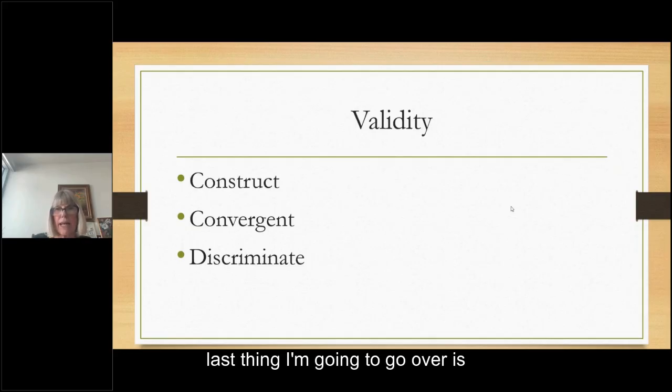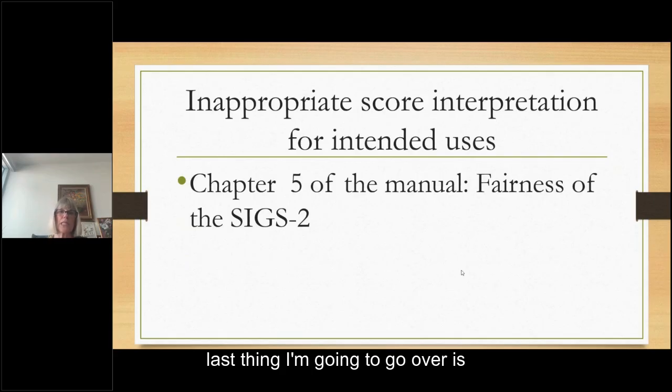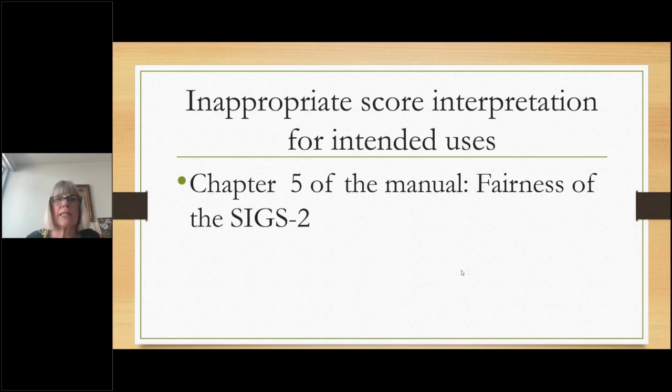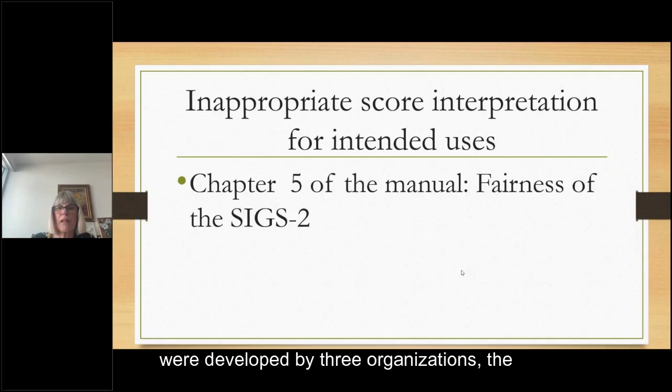And the last thing I'm going to go over is fairness of the SIGS-2. This is pretty important to the testing world, and it's important to me. There are standards for fairness that were developed by 3 organizations: the American Educational Research Association, the American Psychological Association, and the National Council on Measurement in Education.